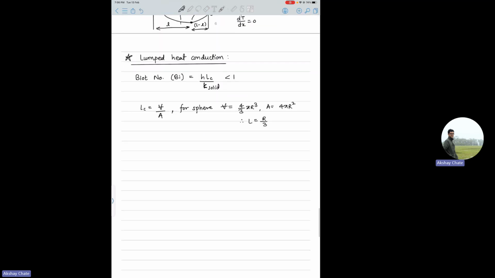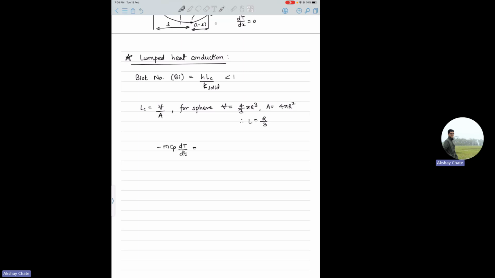Regarding the derivation, there is one thing you should also know, apart from the temperature variation, which is how you calculate the heat lost from, let's say, 0 to t. So basically you start with minus m cp dT by dt.